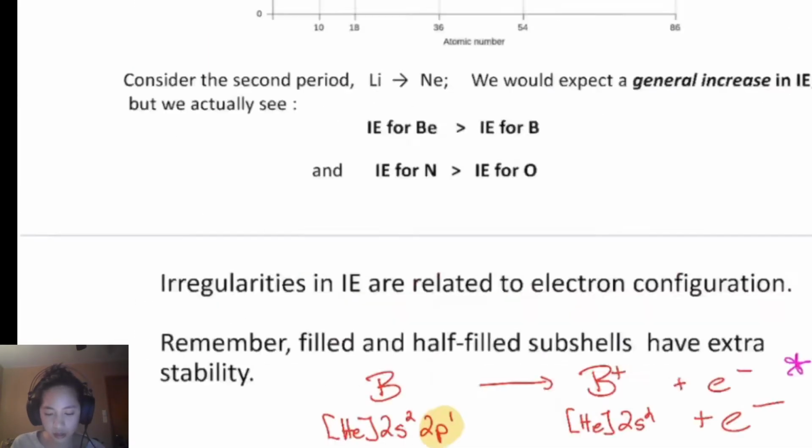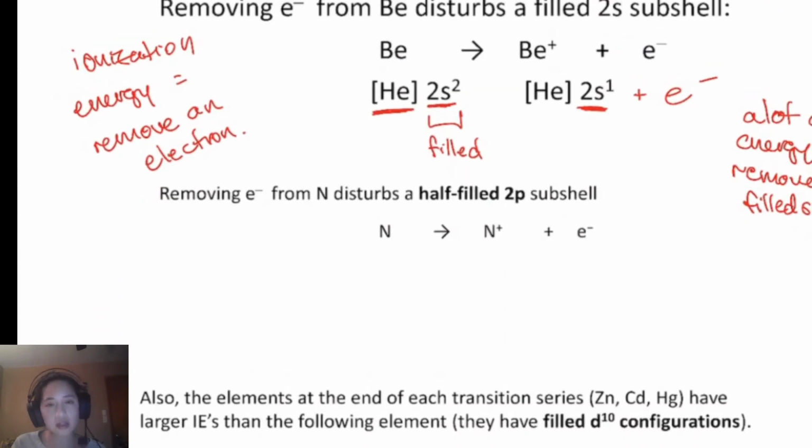All right, so that one's pretty straightforward. Then what about oxygen and nitrogen? Why is there a difference there? Again, we can use the same type of reasoning. It's best if we just write out the electron configurations. For nitrogen, it will be helium, 2s2, and then 2p3 for a nitrogen atom.